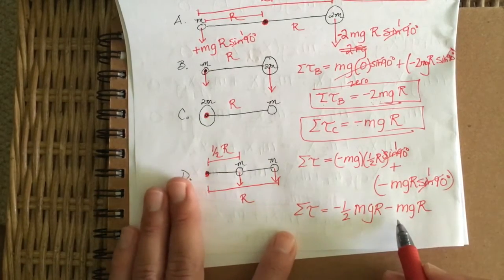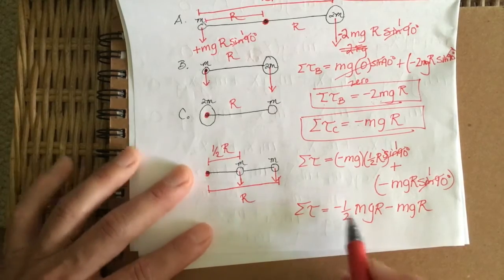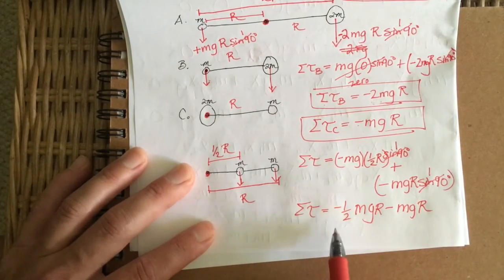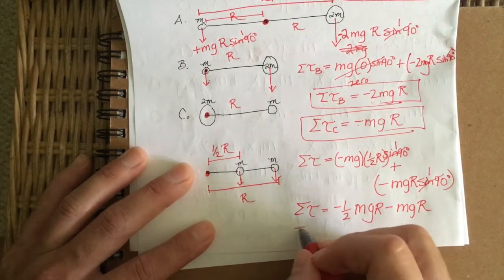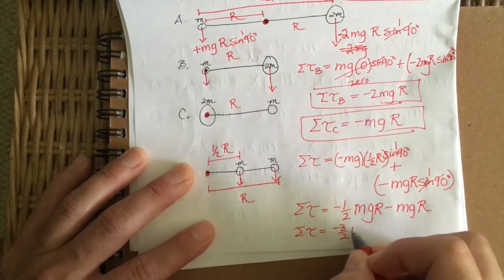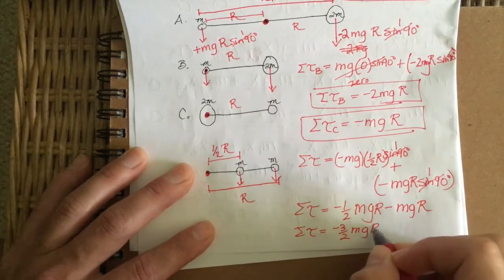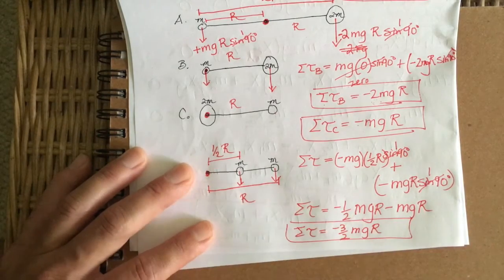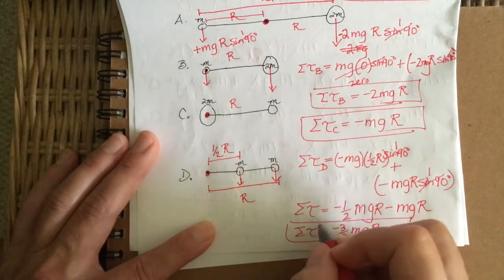So this is really one whole, right? So we got negative 1 1/2, or negative 1.5, or negative 3/2 mgr. I'm going to go with that. And I have to be careful here, this was for D.